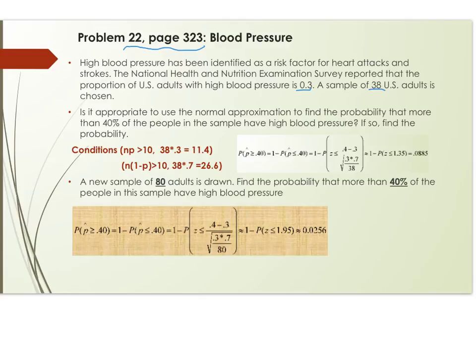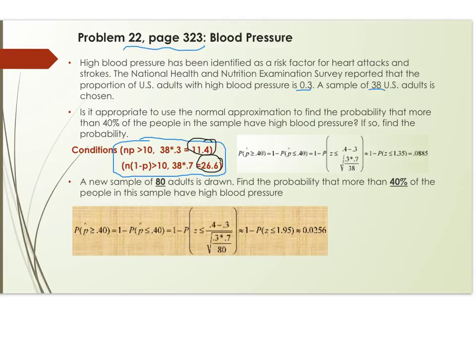Well, in this particular case, the conditions for using the normality assumptions are that np has got to be greater than 10 and n times 1 minus p has to be greater than 10. When we do the calculation, we get them both over 10, so the normality assumptions work in this case, and we can use them.